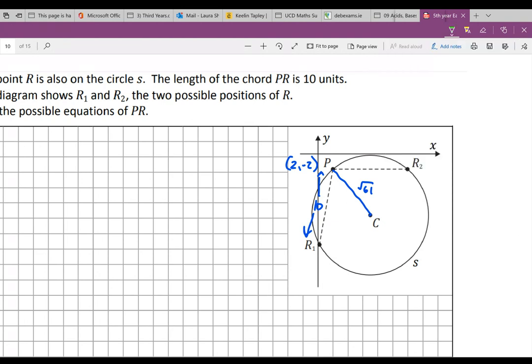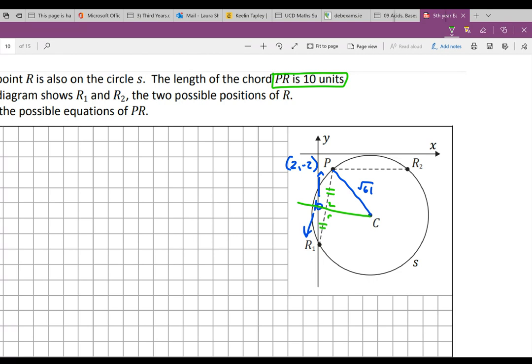If I take a line from the center, perpendicular to the chord, it bisects the chord. So any line from the center perpendicular to a chord bisects the chord. The chord PR is 10 units in length, and by the way, I could have used this one also.